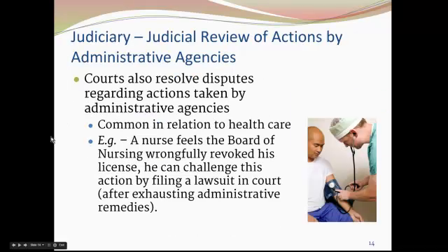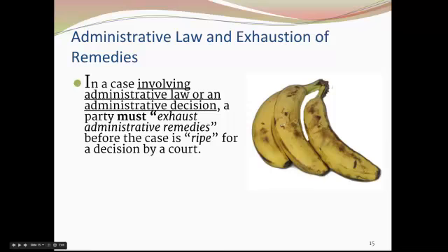Courts also review actions taken by administrative agencies. For example, let's say that a nurse gets his license revoked by the Board of Nursing, and this nurse feels that it was wrongfully revoked. He could challenge the action by the Board of Nursing by bringing a lawsuit. But in order to challenge an action taken by an administrative agency, a person must first exhaust any administrative remedies before the case will be ripe for a judicial decision.